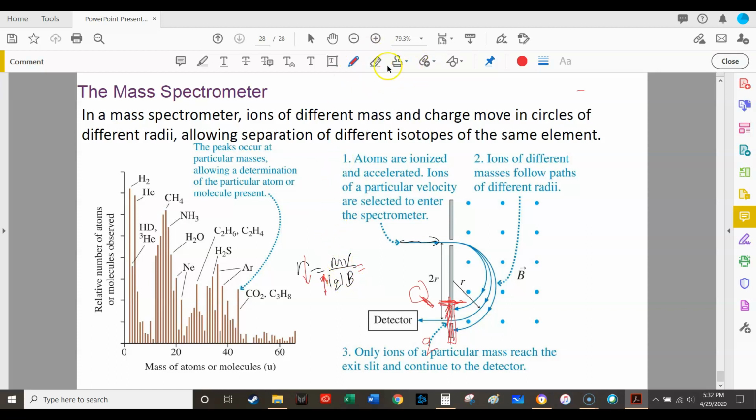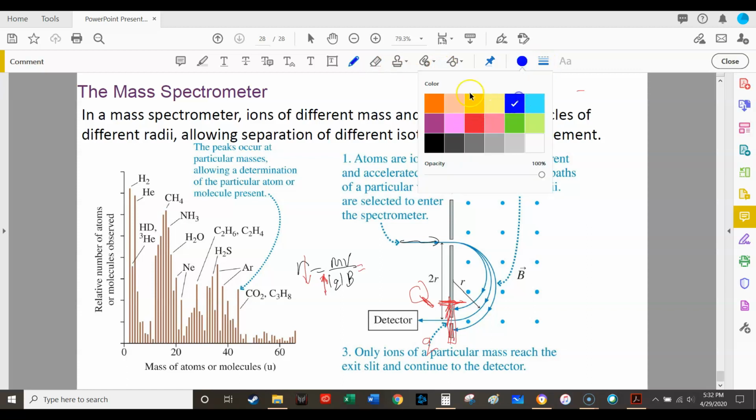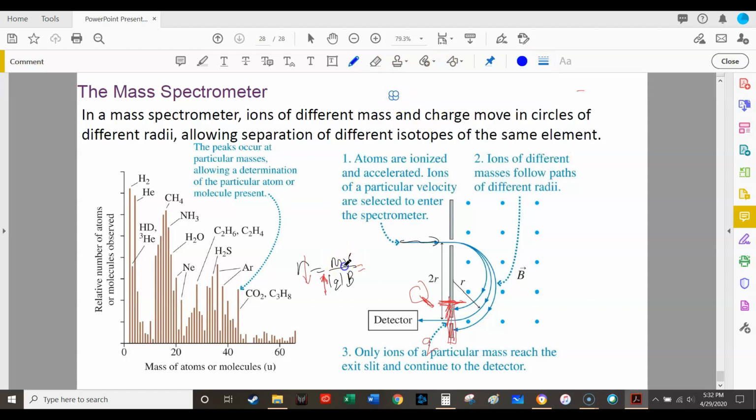If the particle has a huge mass too, if its mass goes up, well, mass is directly proportional to radius. So that means a heavy mass is going to have a hard time turning.